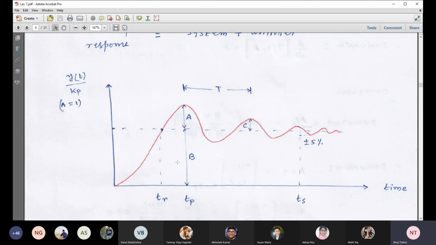Draw this carefully. So this is for the underdamped system response.